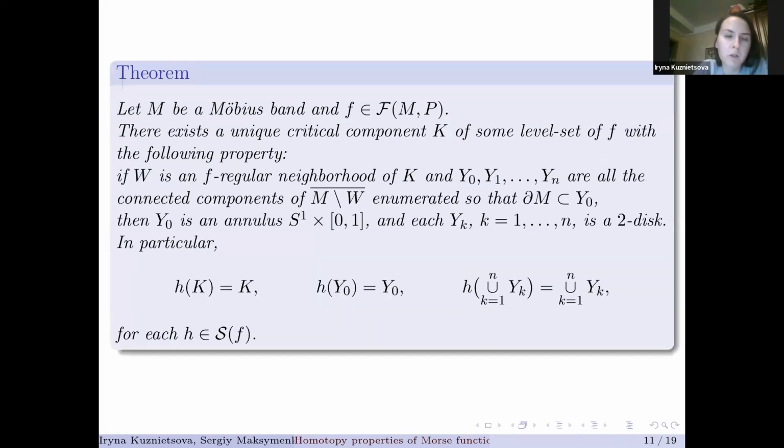One of our previous results was that if M is a Möbius band and f is from the class FMP, then there is a unique critical component K of some level set such that if W is an f-regular neighborhood of K, and Y0, Yn are connected components of the closure of M without W, where Y0 is an annulus which contains the boundary, then Y0 is always an annulus and the Yi are always disks.